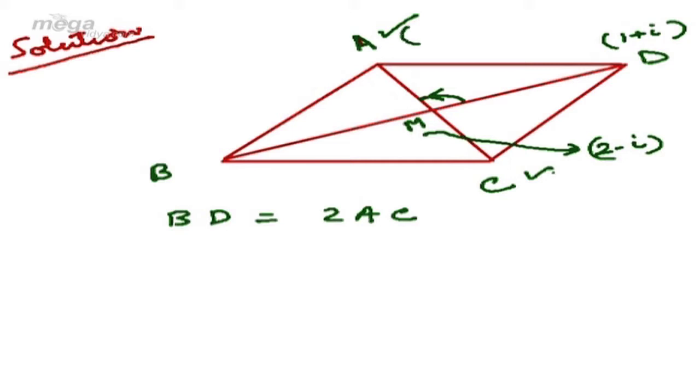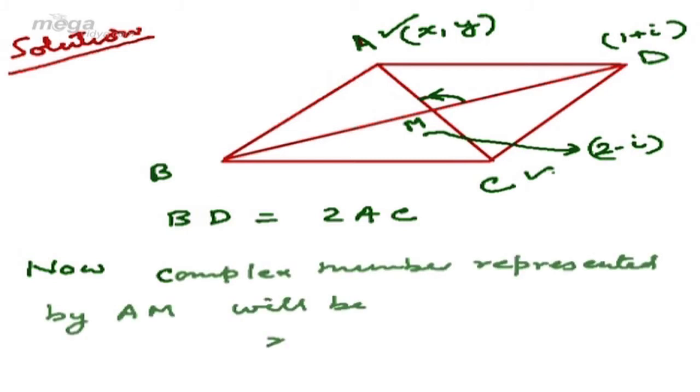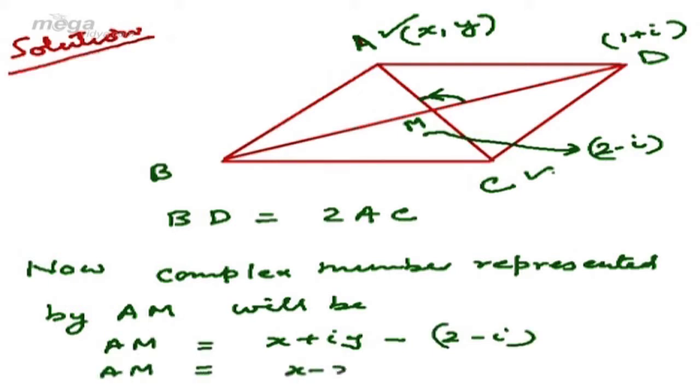Suppose we assume the coordinates of A as x comma y. Now the complex number represented by AM will be x plus iy minus 2 minus i. That is, AM will be x minus 2 plus i times y plus 1.